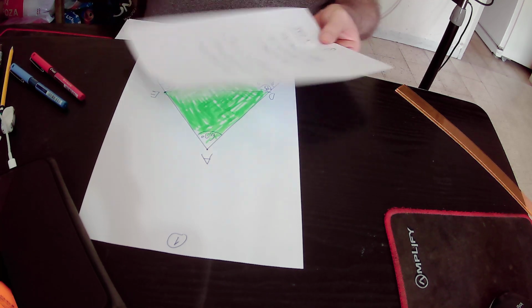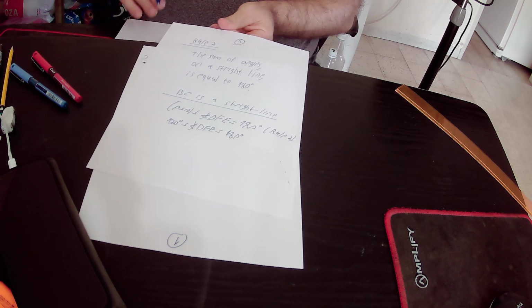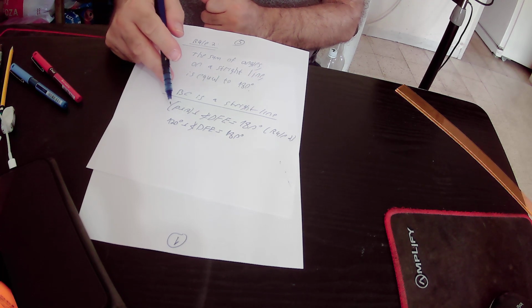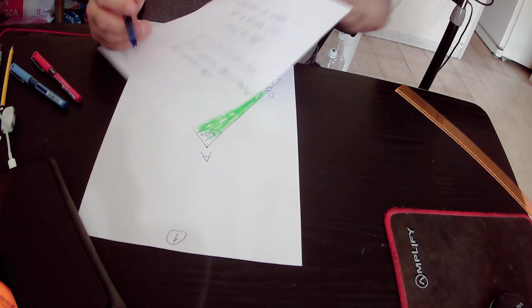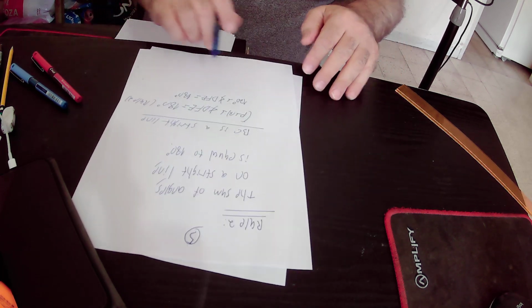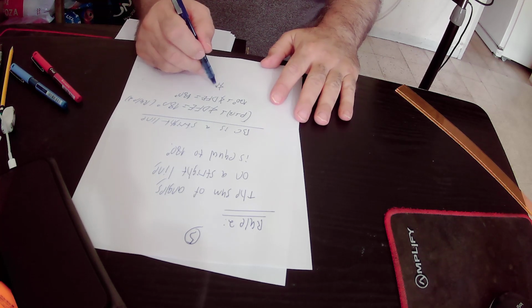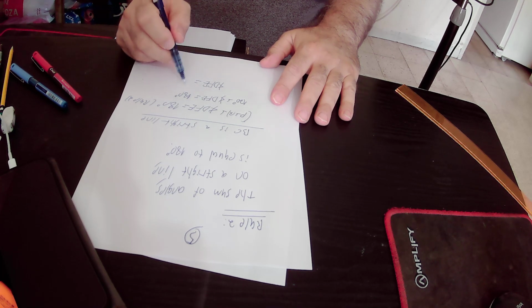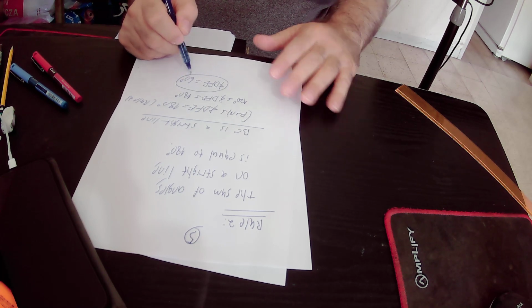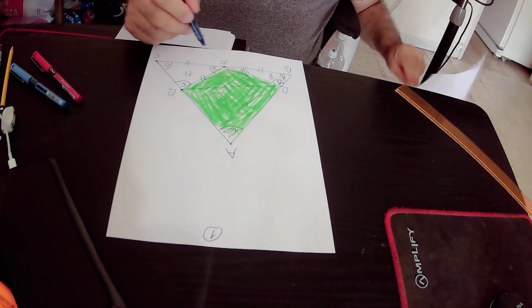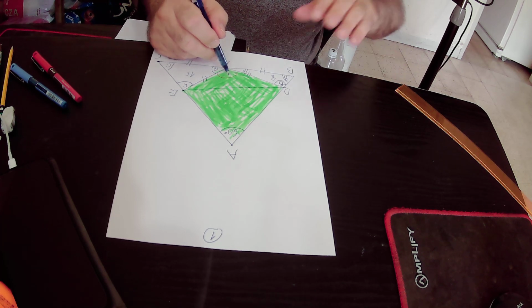So here we'll subtract 120 degrees from this equality, and we will get that the size of the missing angle DFE equals 180 degrees minus 120 degrees, which is 60 degrees. Okay, we found out that the size of angle DFE is actually 60 degrees.